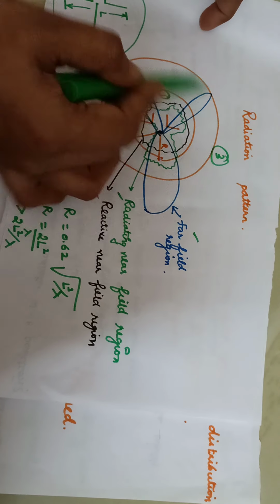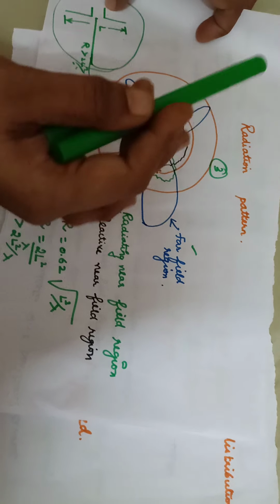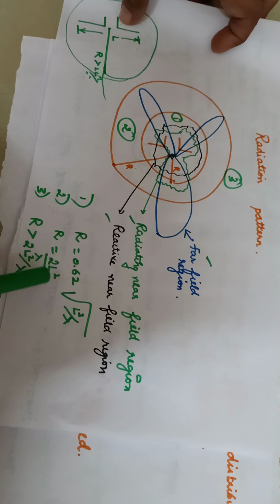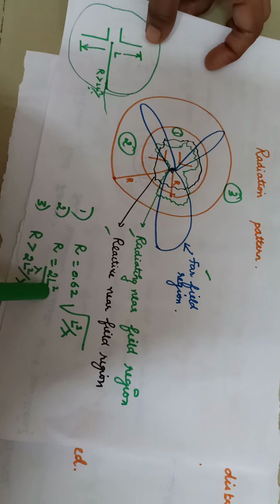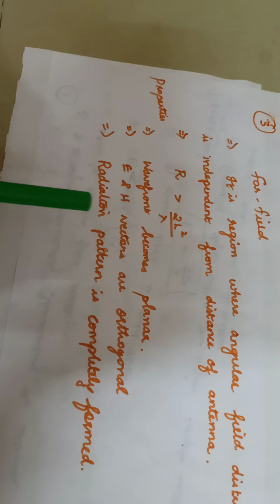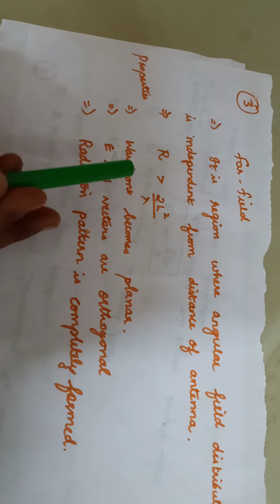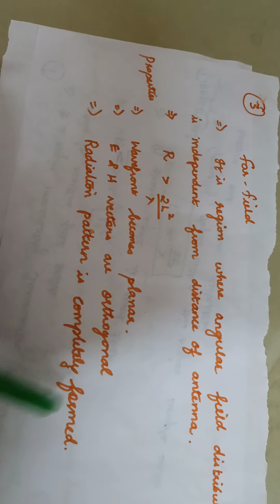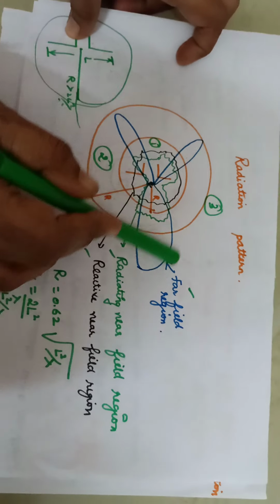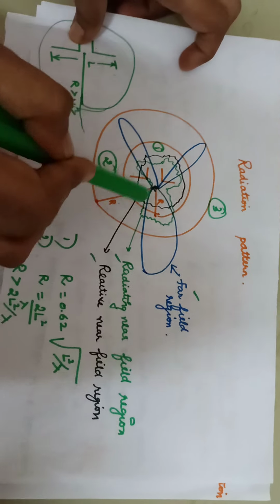So there is no bound at all. Whatever value is greater than 2L square by lambda corresponds to the far field, and here the wavefront will become planar. That's why the electric and magnetic fields are orthogonal and the radiation pattern will exist.